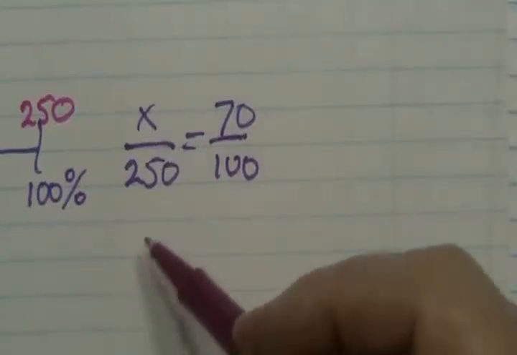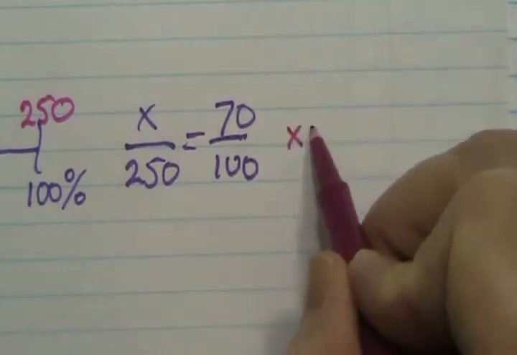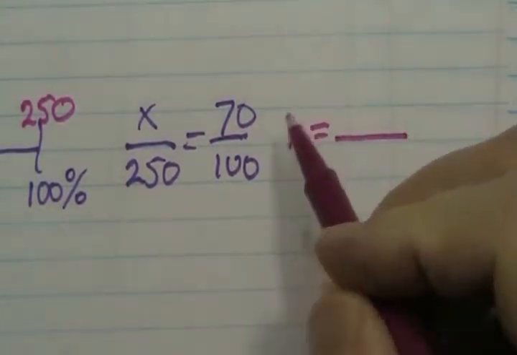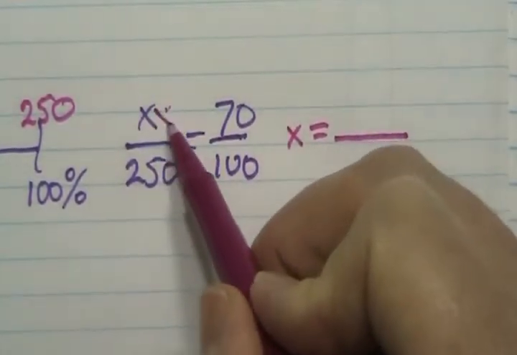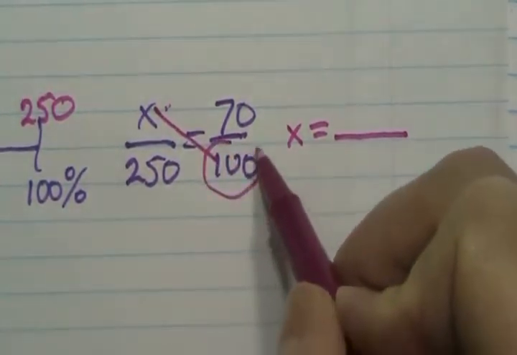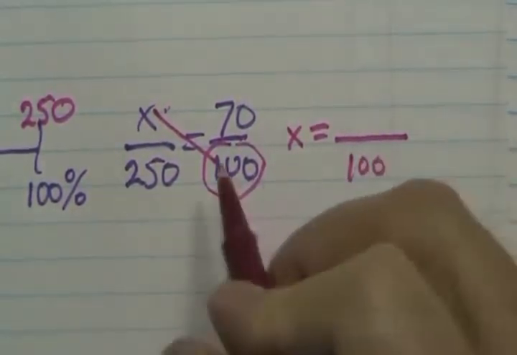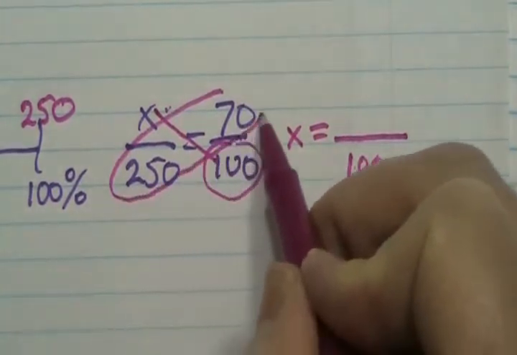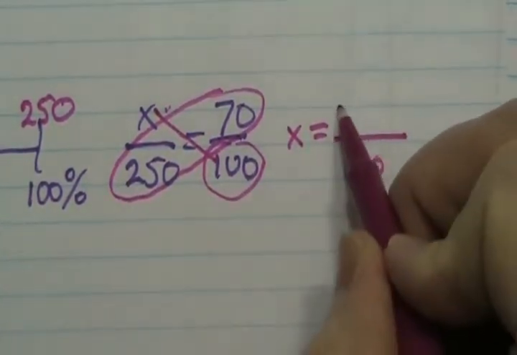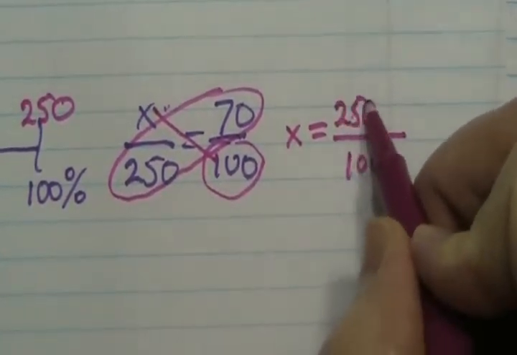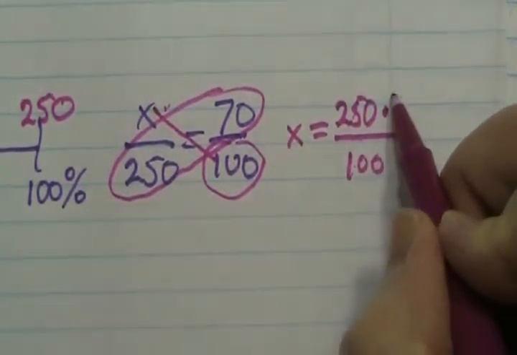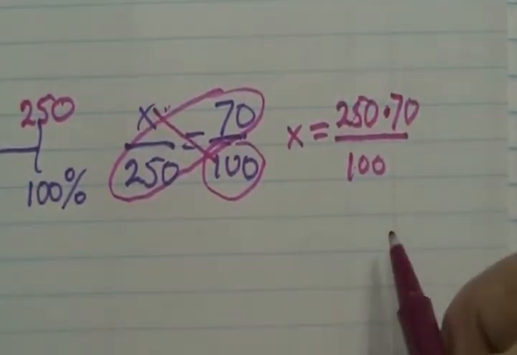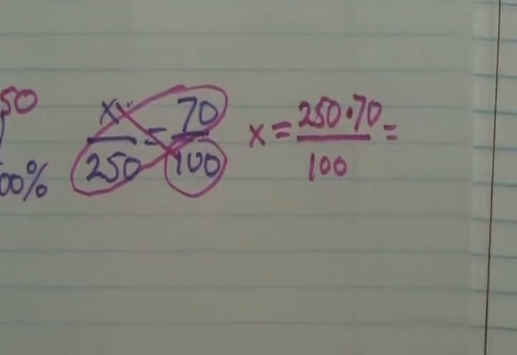Now you can write underneath it or to the side, it doesn't matter. X equals, here's X. Whatever's diagonal goes at the bottom, and the other two numbers go on top: 250 times 70.